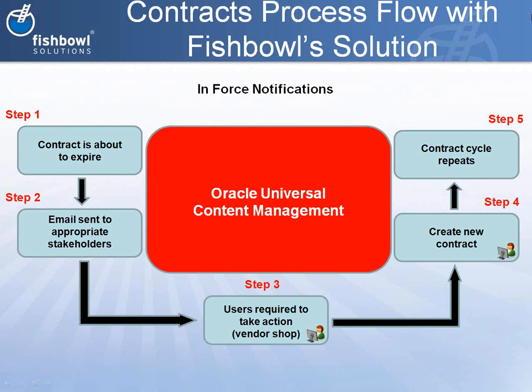Step 3 is where the users actually take the action, either in your shop or in your contracting shop, to perform the activities that are either required as outlined by the contract, or even to restart negotiation processes for a renewal of the contract, maybe updating terms and conditions, maybe negotiating for better prices or better, more services to be rendered.